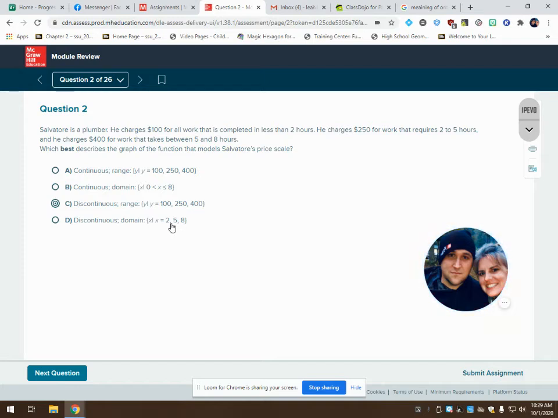Well, I know that it's not this, because it's not only 2, 5, and 8, but it's everything less than 2 hours, everything between 2 and 5 hours, and everything between 5 and 8. So this domain is not extensive enough. So it cannot be D. The correct answer is C.